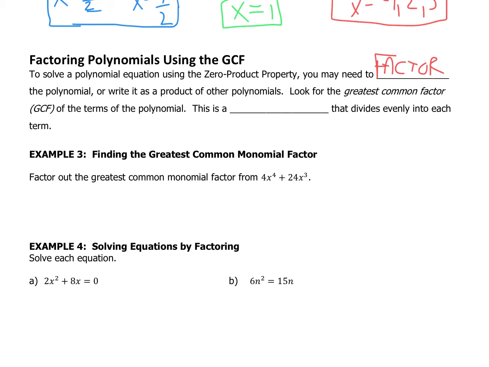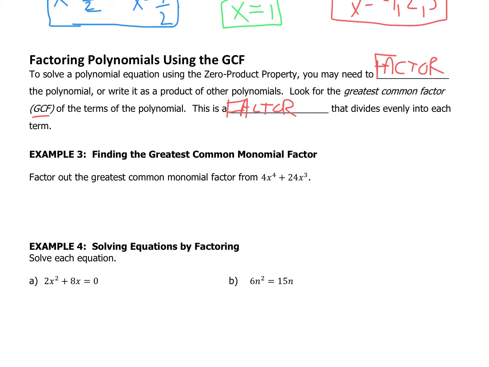What we want to always do first is look for the greatest common factor, or the GCF, of the terms. This is, as you know from other GCF work, a factor that divides evenly into each term.